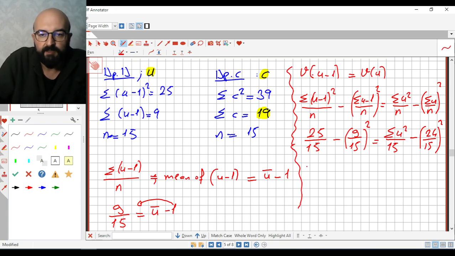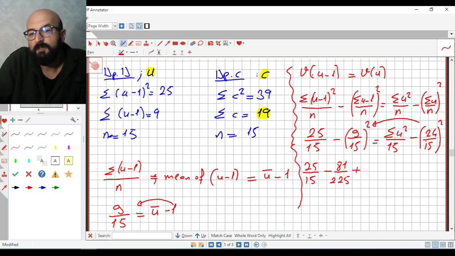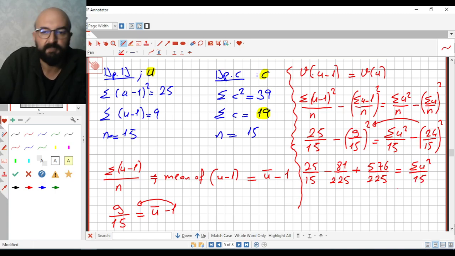Okay, and then we can write 25 over 15 minus 81 over 225 plus, because it becomes plus, 576 over 225, and then this means the mean of the sum of u square over 15.